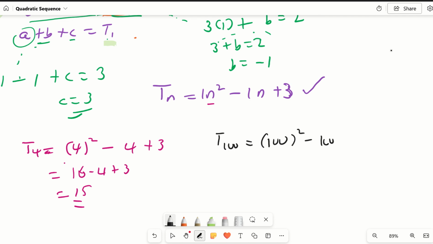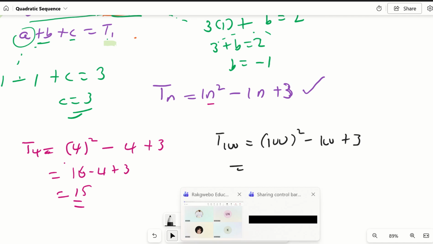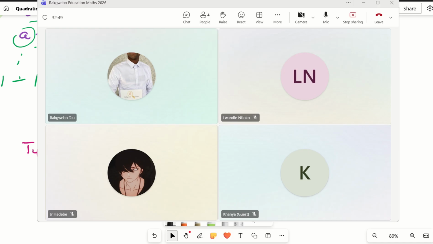Can you guys do the calculation for me and tell me the answer? Let's go, Kanya. Let's go, Khatib Jr. Let's go, Lwandle.